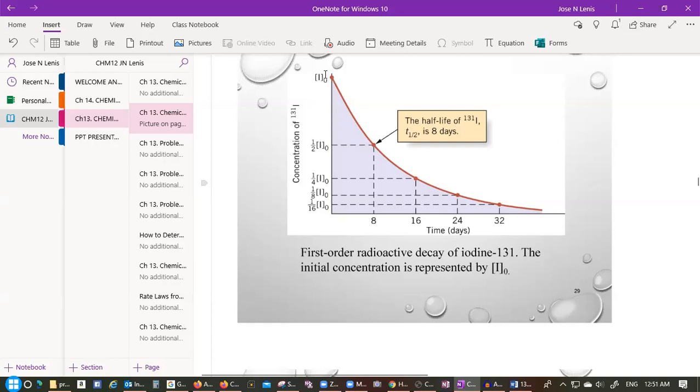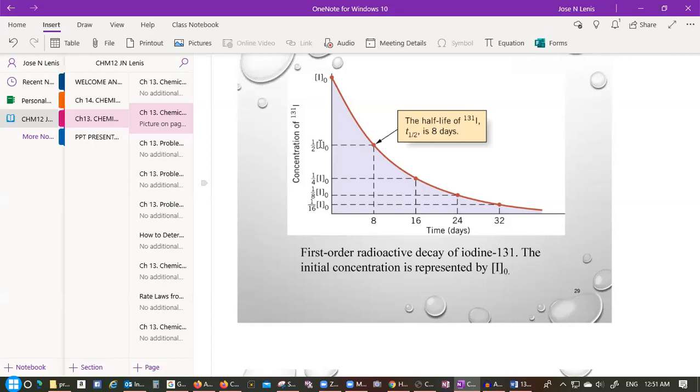Look, you have initially this amount, and after 8 days the material decays to exactly half. That's the decay. That means the material is transformed into a different material, and the mass is reduced to exactly half after 8 days.